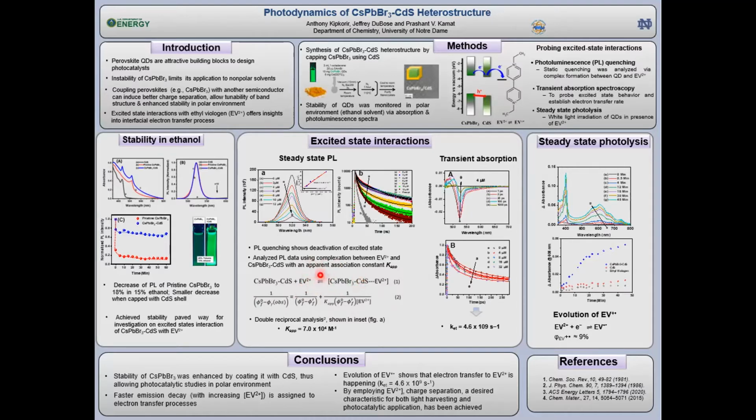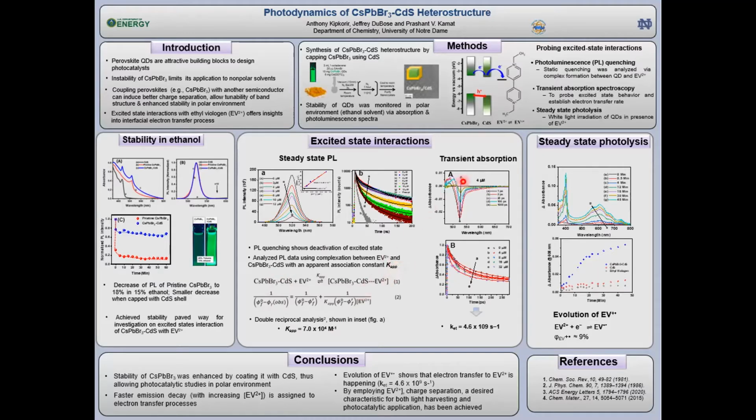You can relate them using the apparent constant, which here we're calling K_app. Using the double reciprocal analysis, you can get the apparent association constant, which is on the order of 10^4, indicating that indeed we have a strong interaction between these two, and therefore you can separate the charges and shuttle them to whichever system you want to reduce or oxidize.